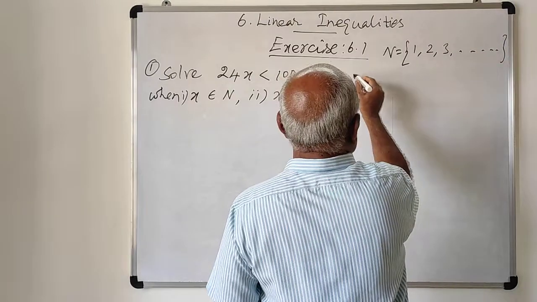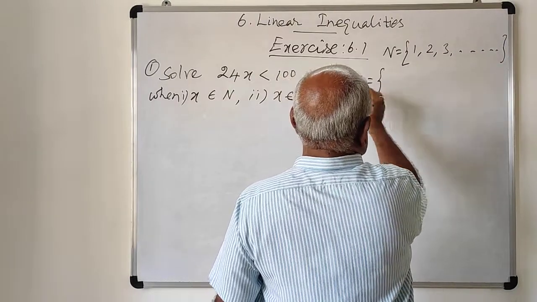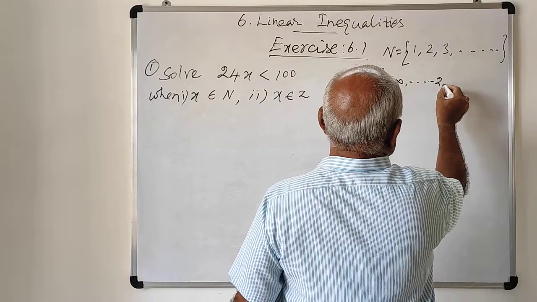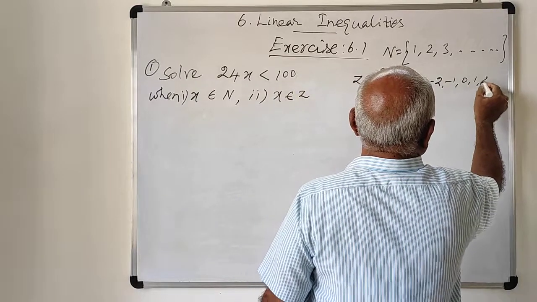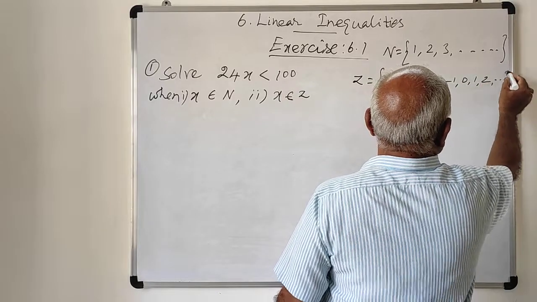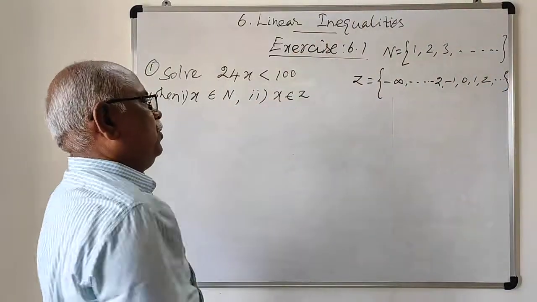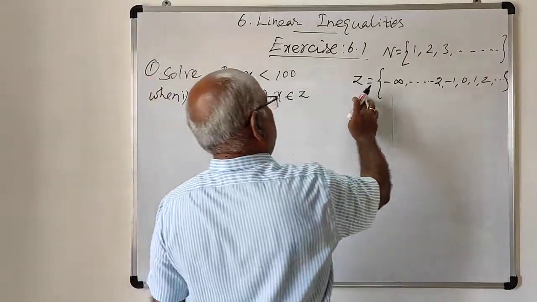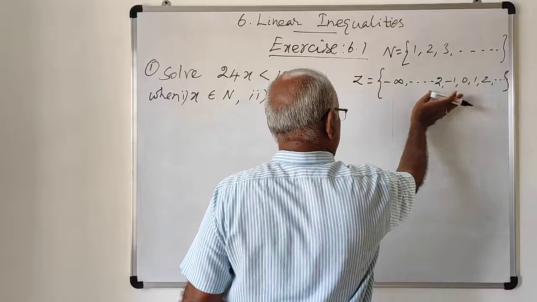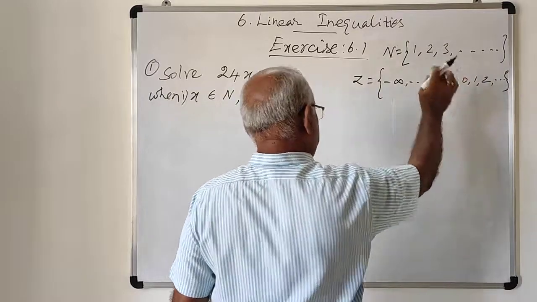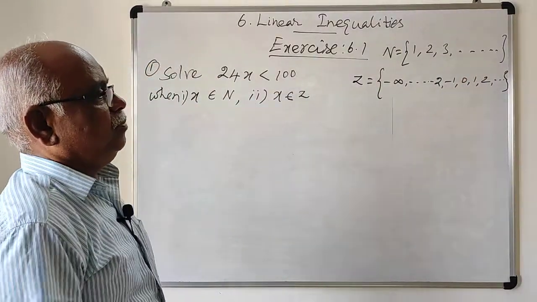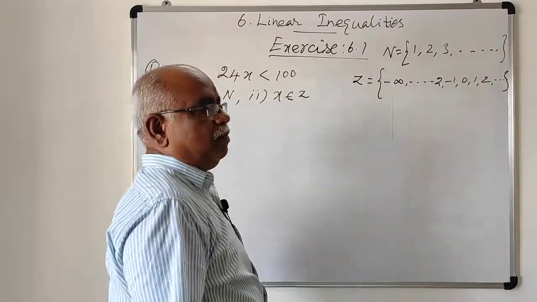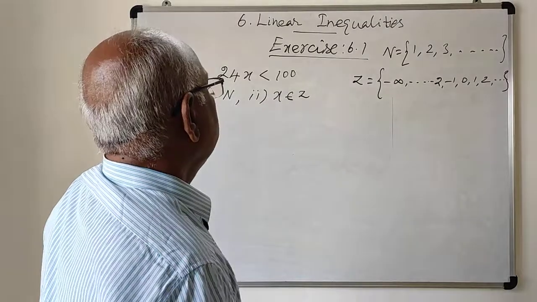The set of integers consists of all the negative integers and all the positive integers including 0. Whereas the set of natural numbers is only 1 to infinity, only positive numbers excluding 0.